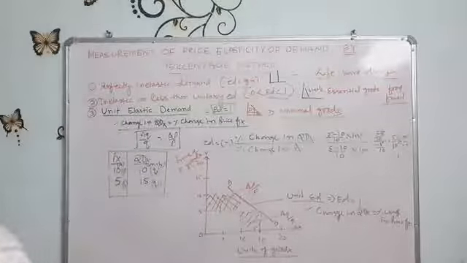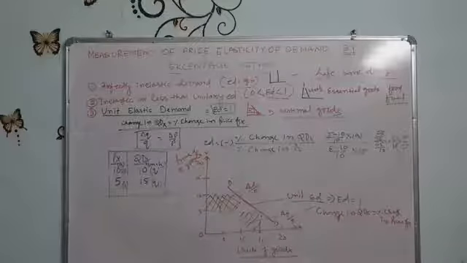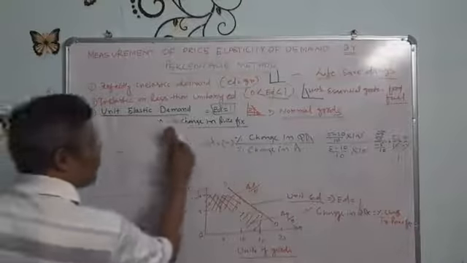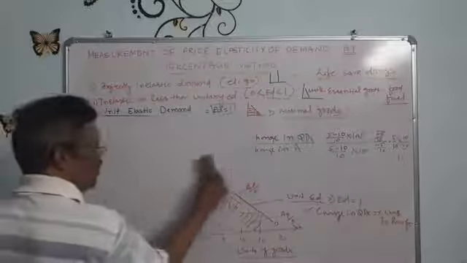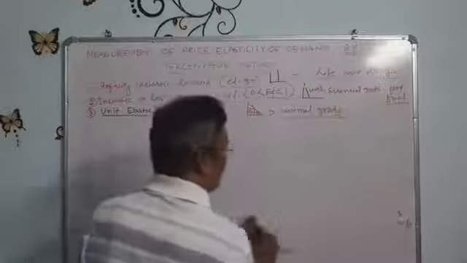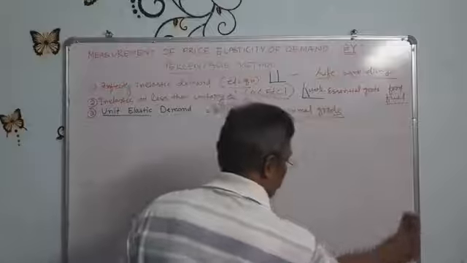Next, the fourth one, is elastic demand or more than unitary elasticity of demand.